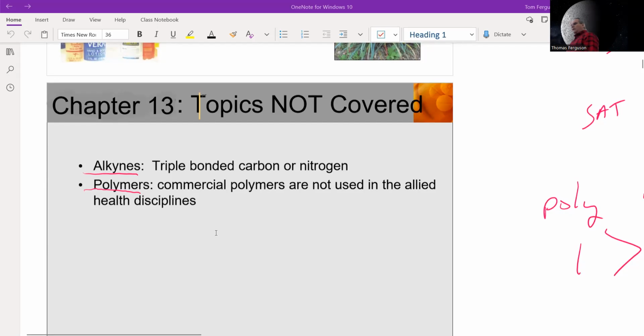Now, what I'm not going to cover in this class, or at least not emphasize, are triple bonds, alkynes, because our body has none of them. And this is an allied health chemistry class. That's why I'm not including triple bonds. Also, I'm not doing commercial polymers. I'm going to be doing biological polymers because it's an allied health class. And the alkynes, the triple bonded carbons, are one less thing you have to worry about reaction-wise too.